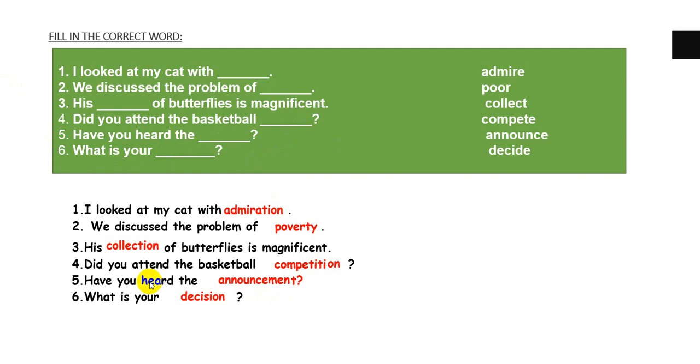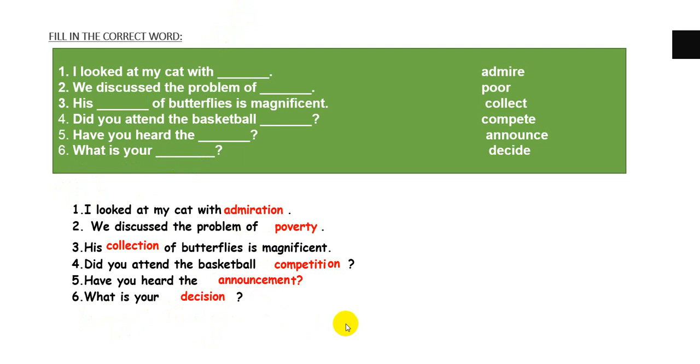No. It becomes a noun here. After the articles the, an, or a, we use a noun. So, have you heard the announcement? Number 6, what is your decision? Can we say, what is your decide?